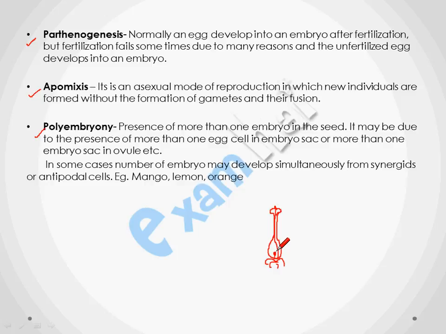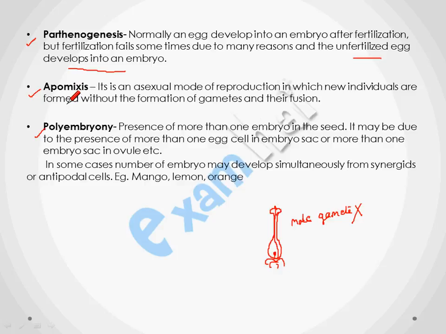This is the normal case, but sometimes when fertilization fails for some reason, the unfertilized egg also develops into an embryo. Without the presence of the male gamete, the development of the embryo takes place, and this is called parthenogenesis.